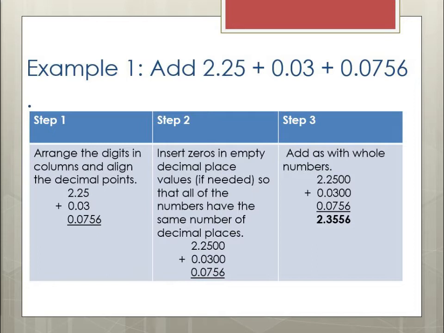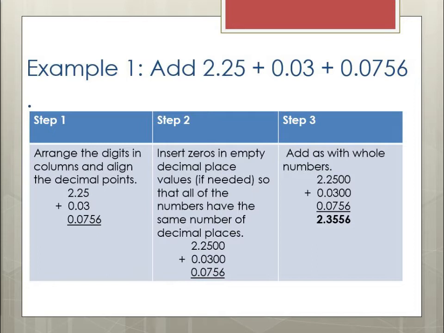Then step 2, insert zeros in empty decimal place values if needed so that all of the numbers have the same number of decimal places. So for 2.25, we add 2 zeros. For 0.03, we add 2 zeros. And then we have 0.0756. So they are now in the 10,000ths place.